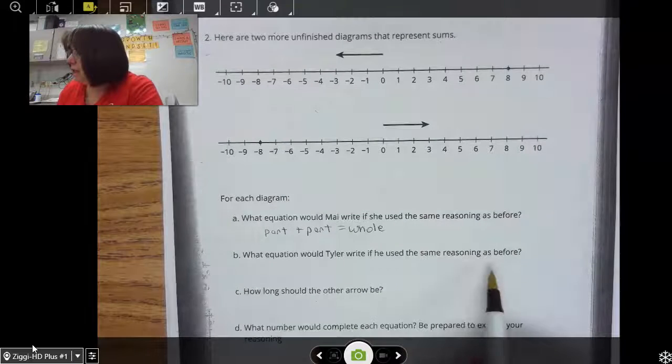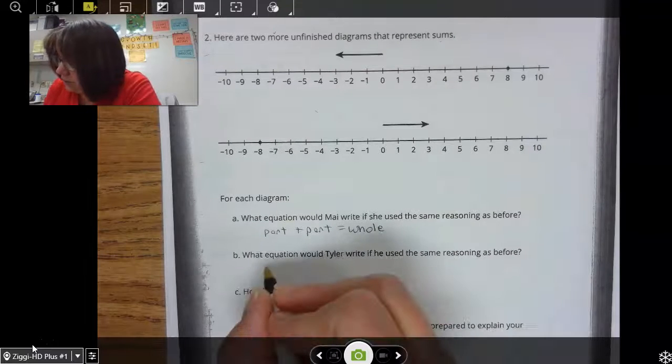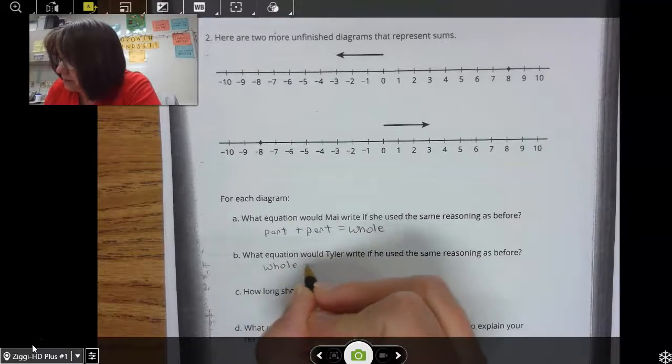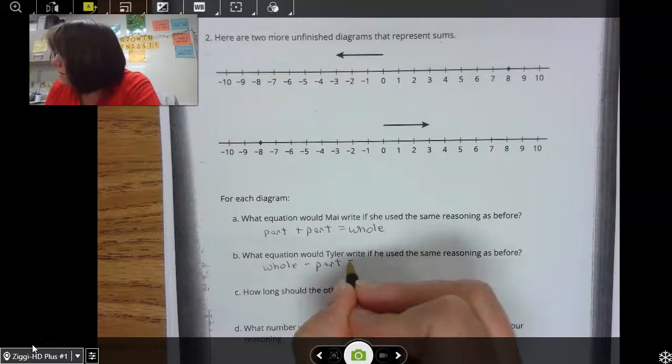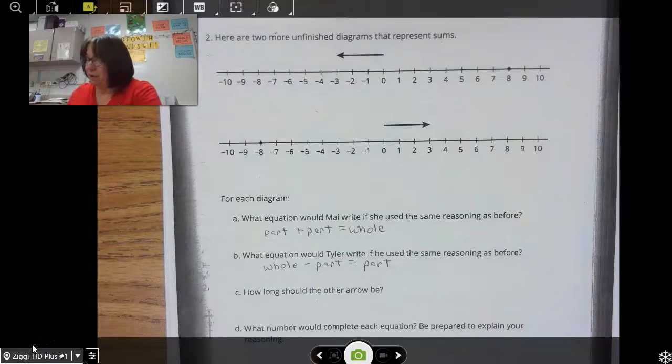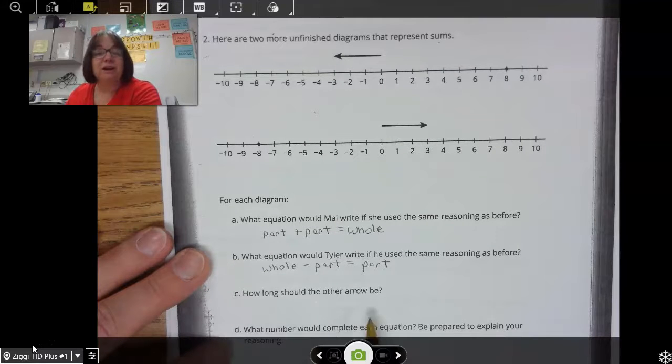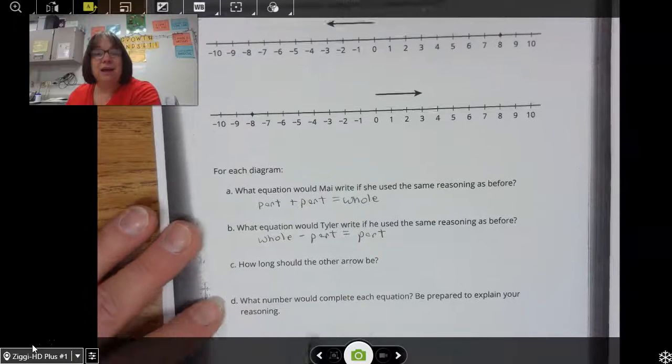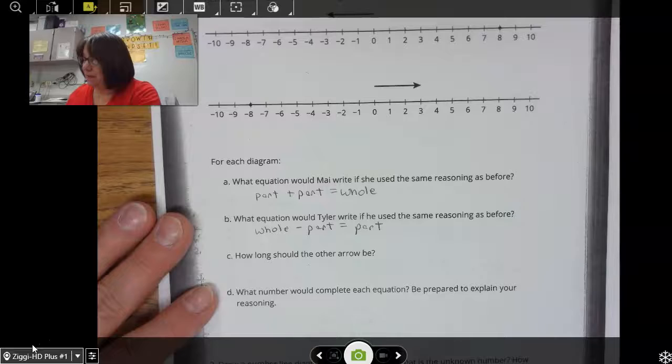And what equation would Tyler write? And Tyler did whole minus part equals part. Okay, so when you're looking at them, look at it that way. Then figure out how long the other arrow would be and what number completes the equation.